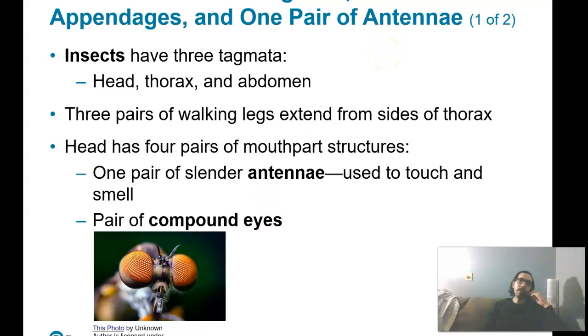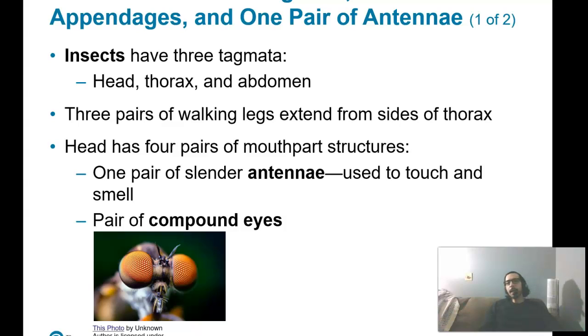Insects have three tagmata. They have the head, the thorax, and the abdomen. They also have three pairs of walking legs that extend from the thorax. So when you look at an insect body, wherever you see the legs attached, that's the thorax of the animal, because they're only attached to the thorax, not the head and not the abdomen.